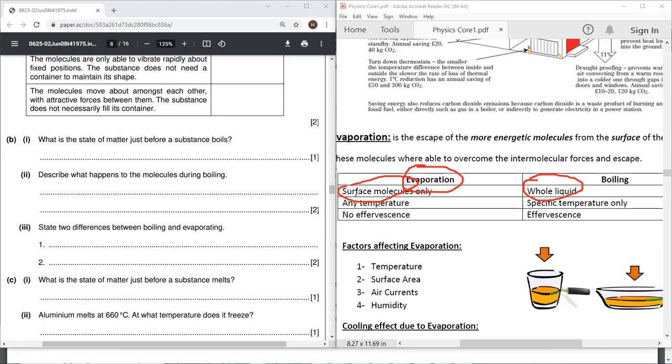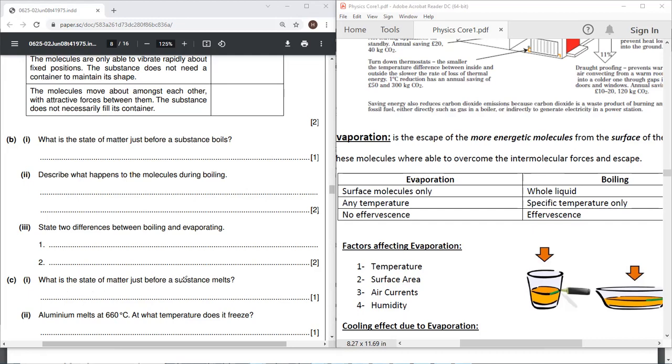Evaporation can occur at any temperature, while boiling happens at a specific temperature. Evaporation has no effervescence or bubbles, while boiling has bubbles. You only choose two and write them here.